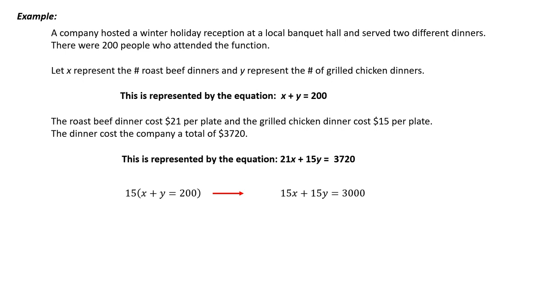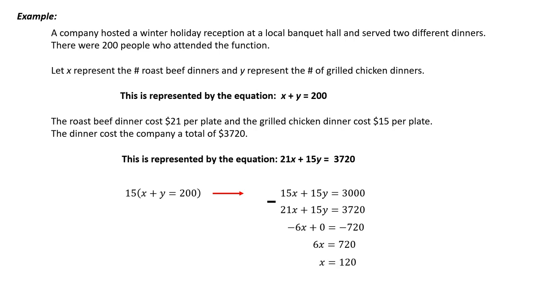The x's and y's now have the same coefficient, and they're both positive. So by using subtraction, we can eliminate the y variable, leaving us with a simpler equation of negative 6x equals negative 720, or 6x equals 720.